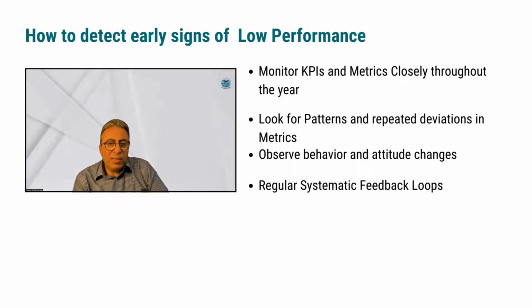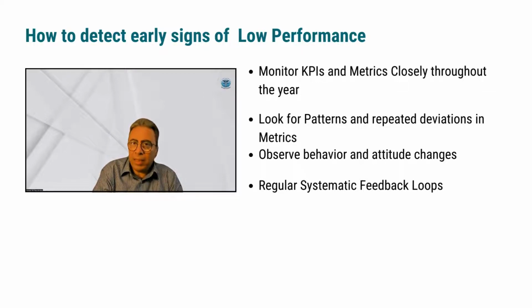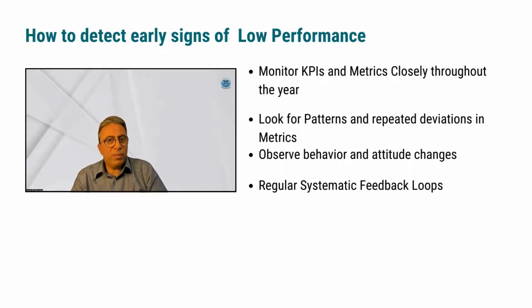Feedback loops mean discussing with your colleagues, peers, other departments, and other internal and external stakeholders, in order to get an informed general idea about your team members, how they perform, and how they are perceived by other important stakeholders. So systematic feedback loops should be in place and should be an integral part of your performance management strategies as a manager.